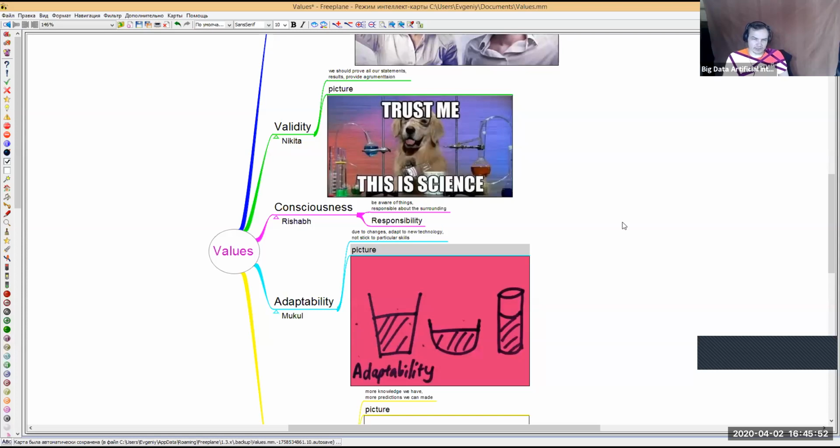Actually, does that kind of project align to all these values? It's adaptability, yeah? The customer asks you to do something, you do it.